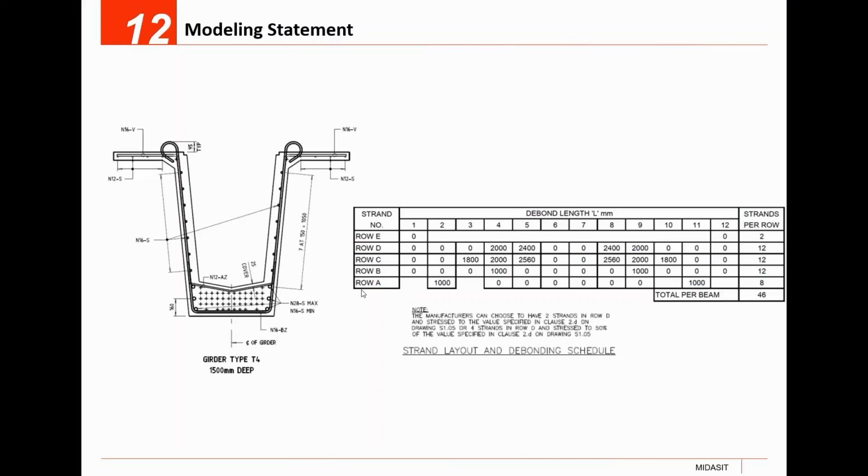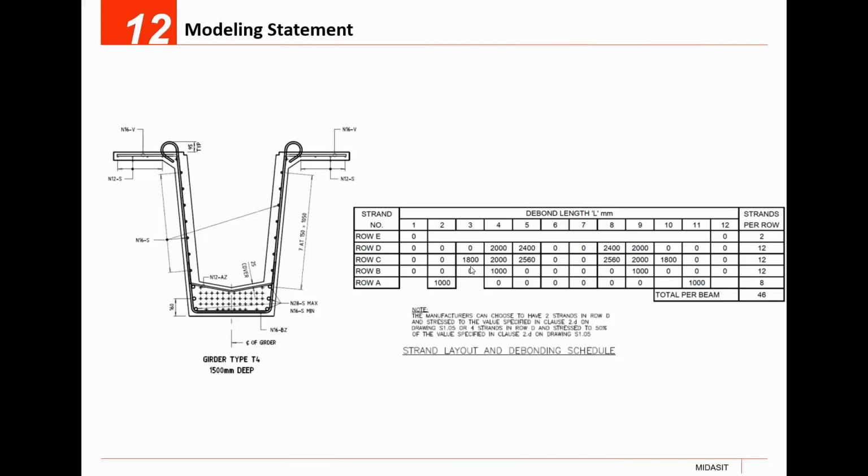As you can see for the first row, row A, we have a debond length of 1 meter. So this is in mm. And then for the second row, we have a debond length at 1 meter for the fourth and for the ninth tendons.